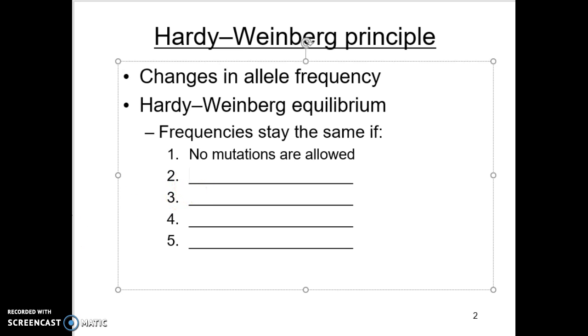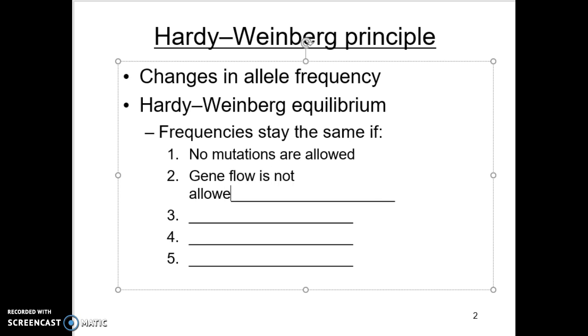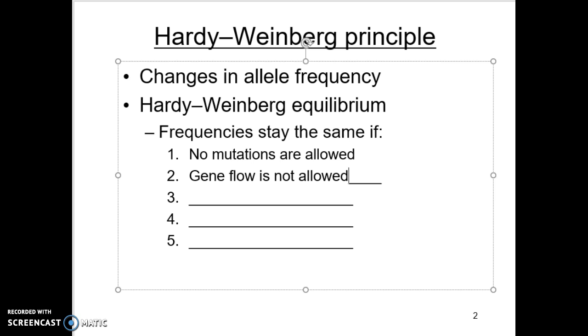Number 2, gene flow is not allowed. Populations will not change without it.